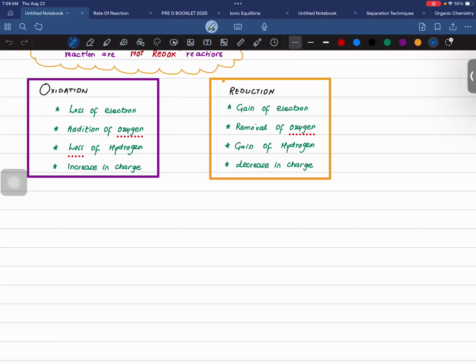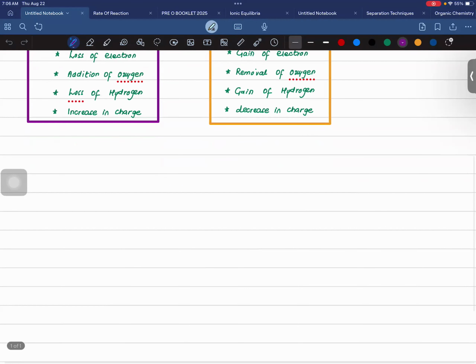Sometimes you consider the number of hydrogen atoms, sometimes the number of oxygen atoms, sometimes the charge, and sometimes the gain or loss of electrons. So before going into detail, I would like to tell you what exactly the oxidation number is.